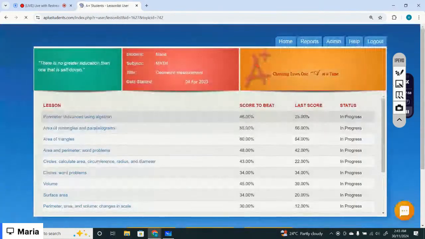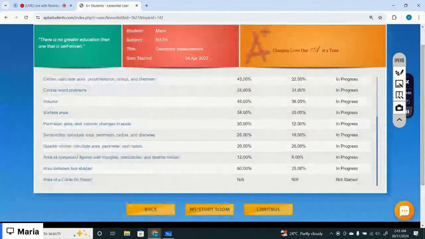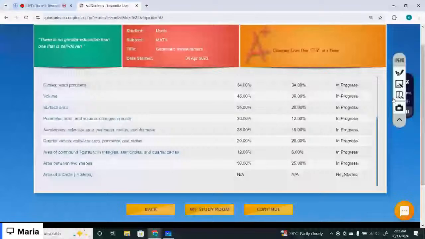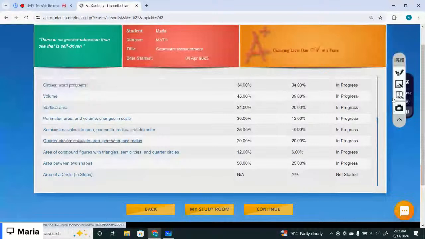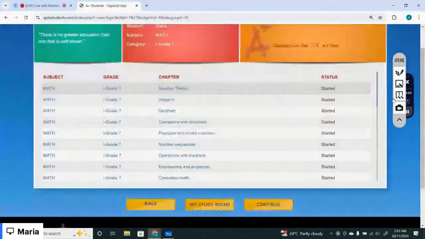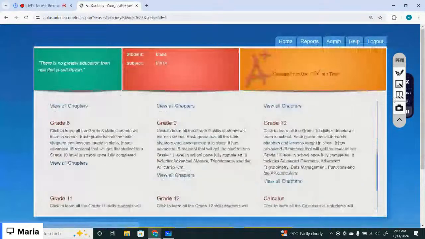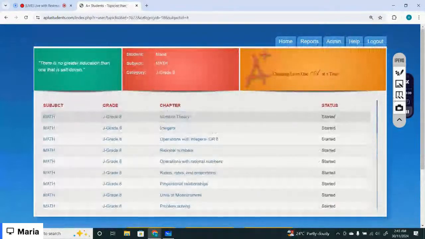The lessons we have covered today are semicircle, calculate area, perimeter, and radius and diameter; quarter circles, calculate area, perimeter, and radius; and then area of compound figures with triangles, semicircles, and quarter circles. So please make sure before the next session you complete all the practice questions for the lessons we just did. That is your homework until next session.